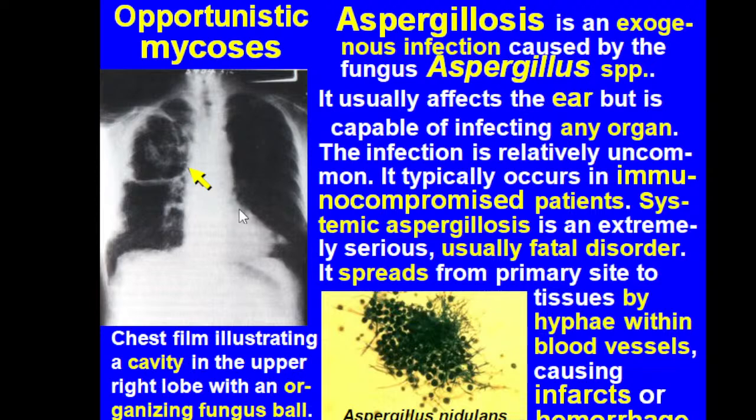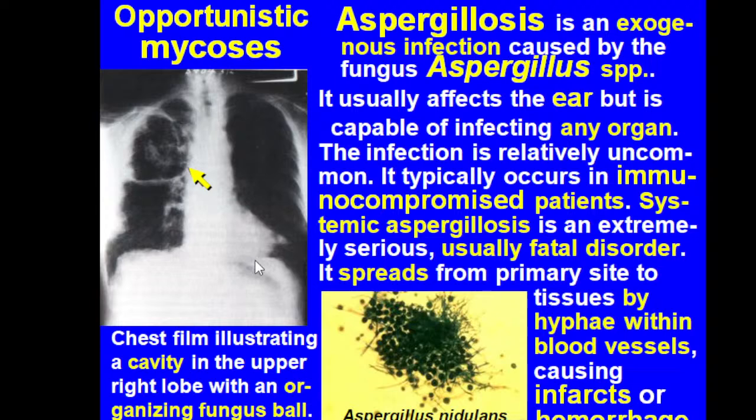And you can see in a chest film the cavities that are formed in the upper right lobe with an organizing fungus balls, so-called aspergillomas, right?